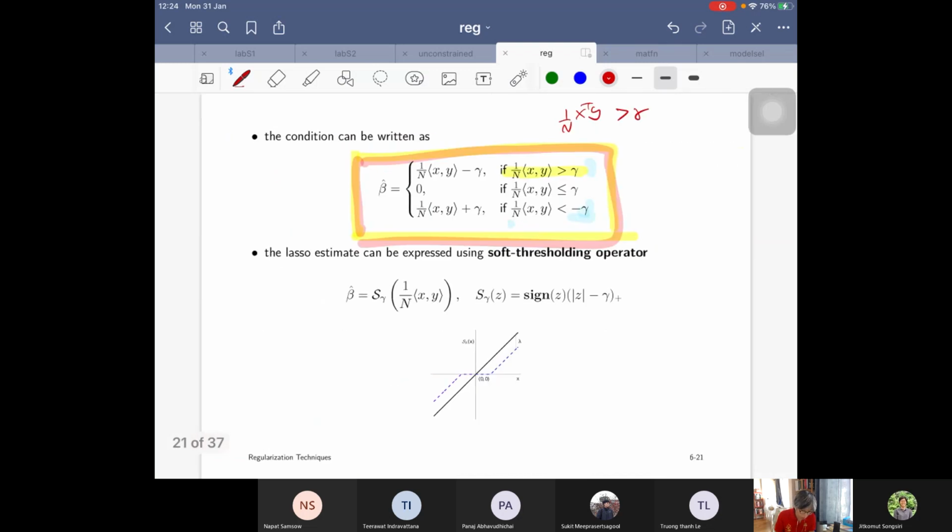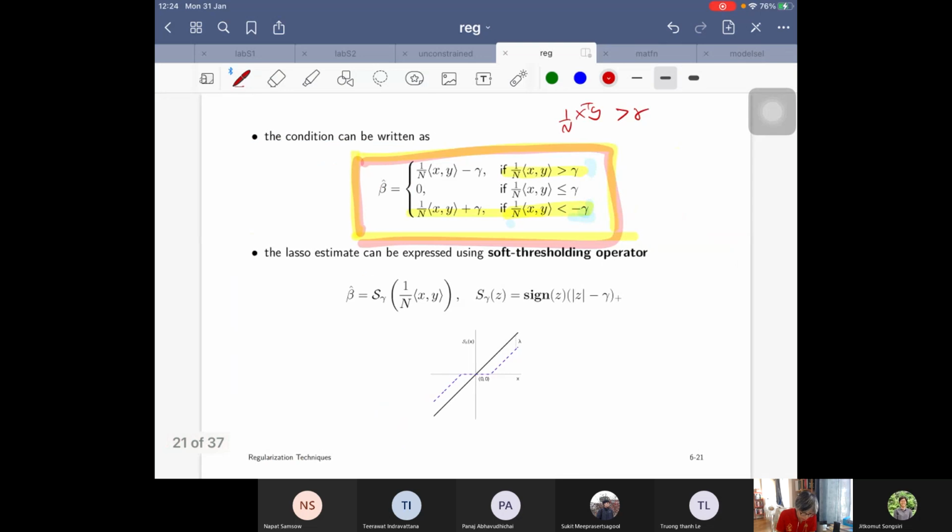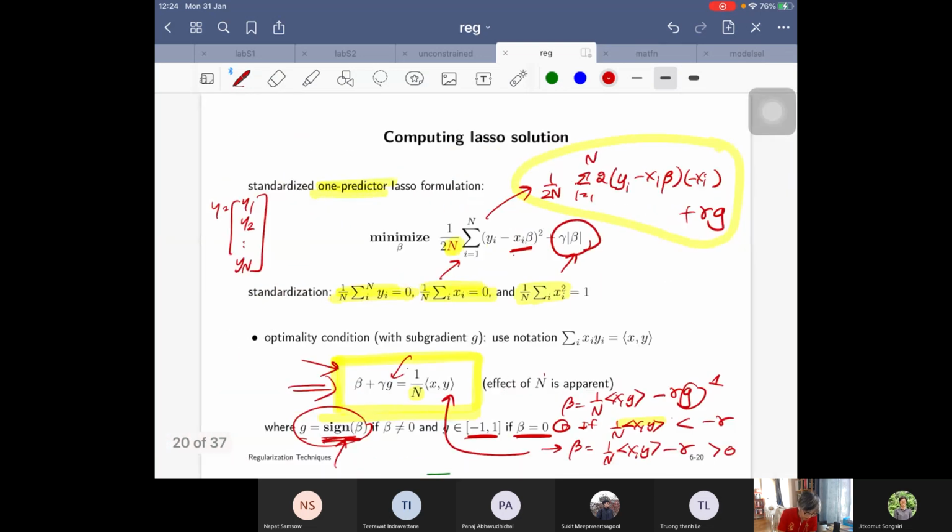Now let's move to the next case. The one that is easy is going to be the third one. If this condition is less than minus gamma, I can set my beta to be this, taking the plus part.